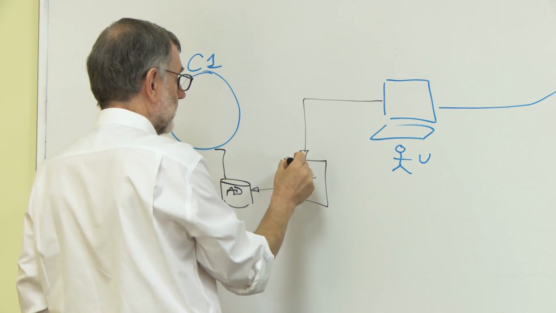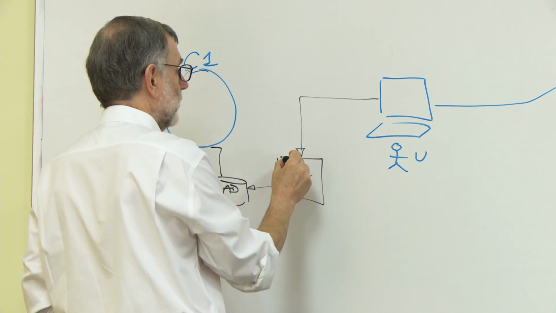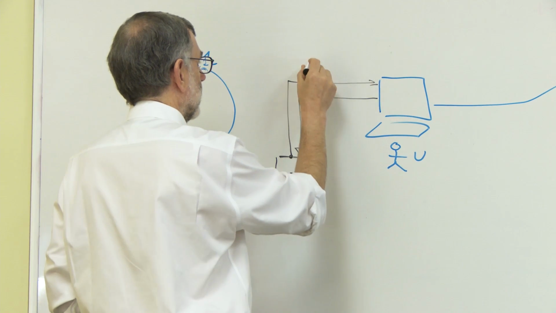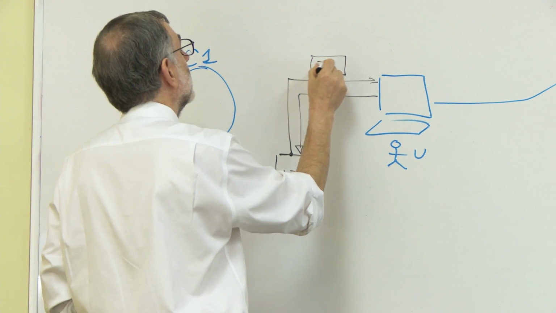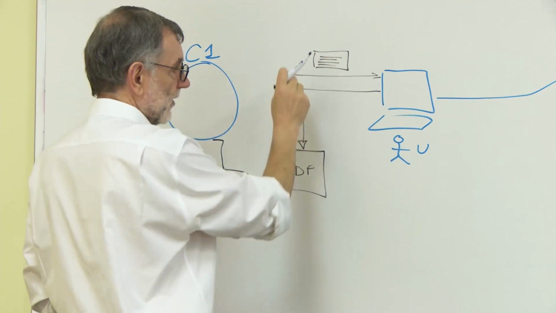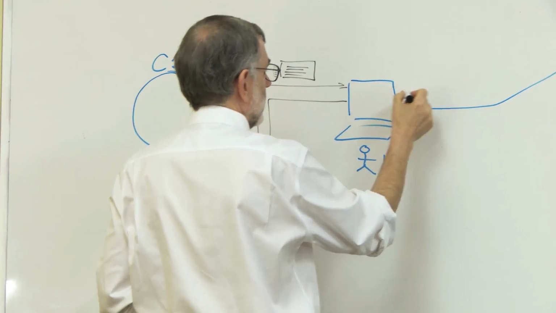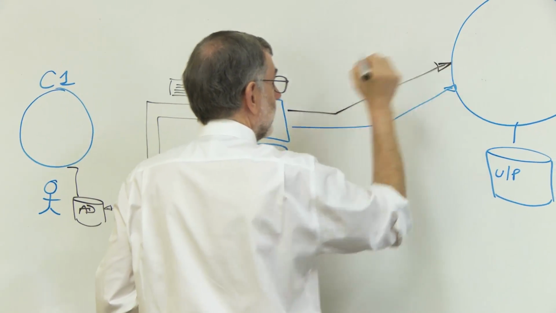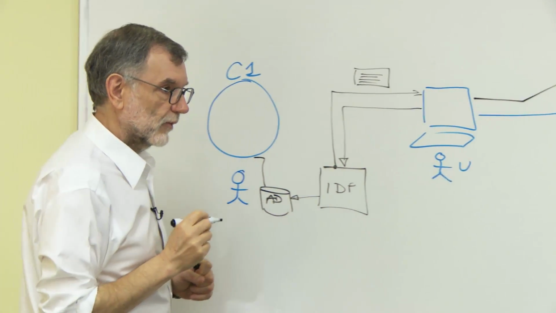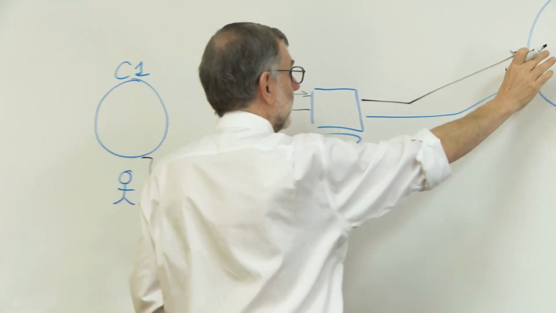And so what this system does is it issues a token to the user which describes the user. The main thing it says is this is user 1. And this is then sent to Salesforce. This token is sent over here.